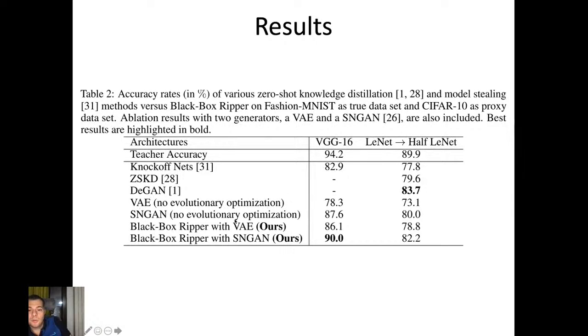If you do not use the evolutionary optimization and you just use the GAN, you obtain lower performance. If you add in the evolutionary optimization, you can get results that are much closer to the accuracy of the teacher. The target here would be to reproduce these results.